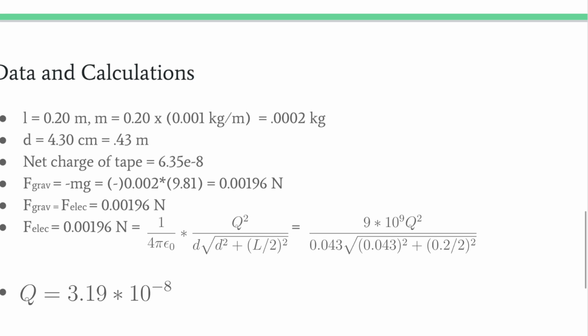Then we calculated the force of gravity using negative mg and got a value of 0.00196 newtons, and carrying that over to equal the force of the electric field, we solved for Q using that equation and ended up getting 3.19 times 10 to the negative 8 coulombs.